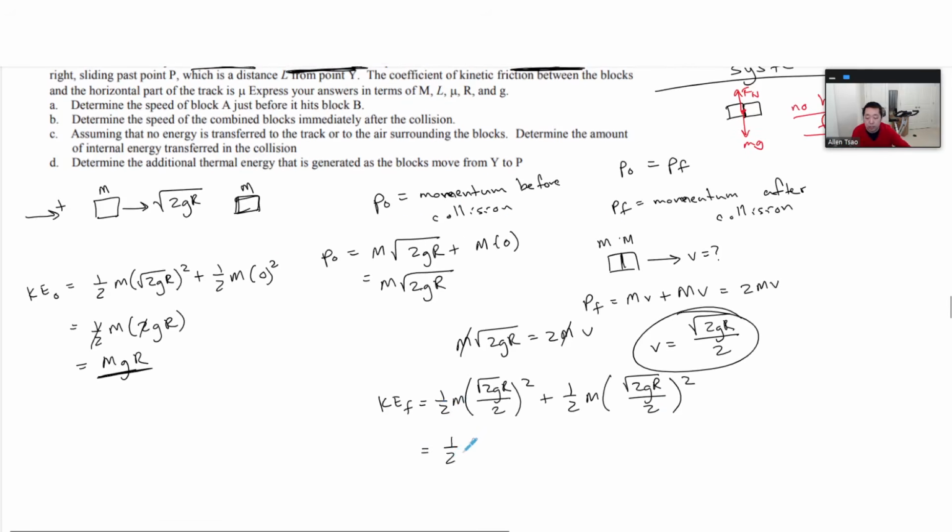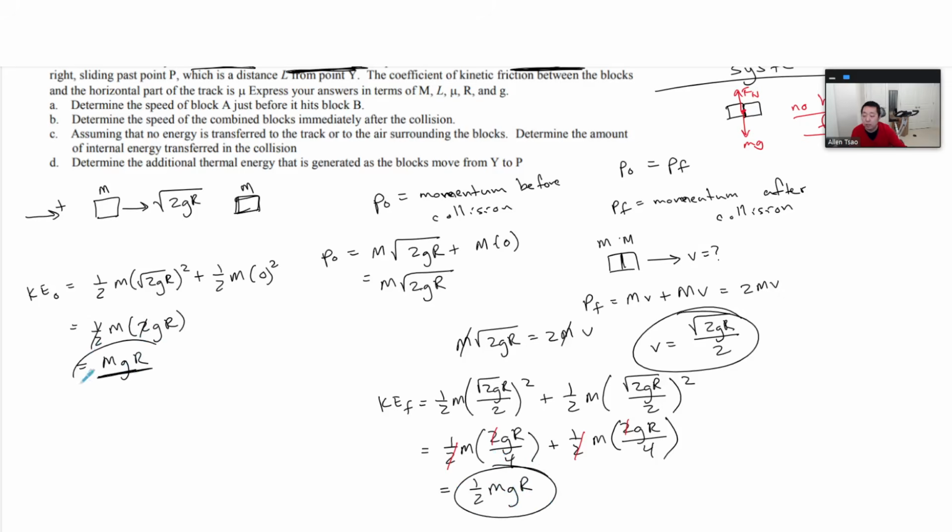If I square this, it's going to be 2gr. I square the 2 on the bottom, it's 4. Then the 1/2 and the 2 cancel, 1/2 and the 2 cancel. So I get 1/4 mgr and 1/4 mgr, which is 1/2 mgr.